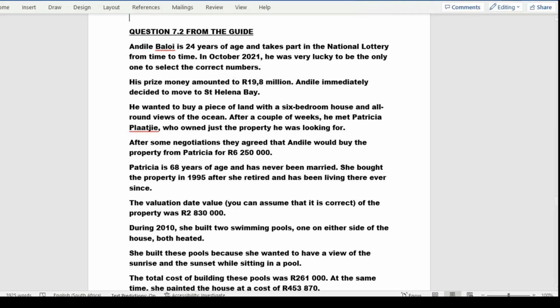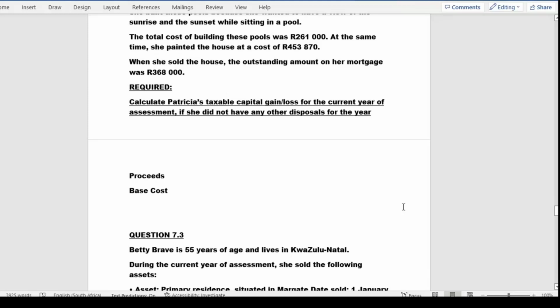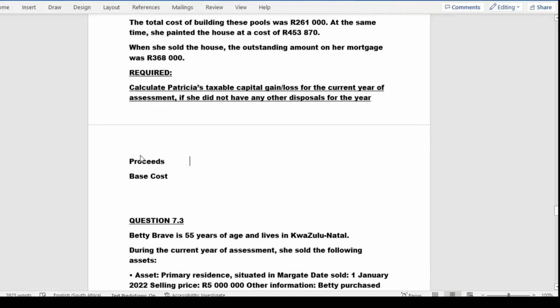I'm just going to check something quickly because I'm looking for the process. After some negotiations, they agreed that Andile would buy the property from Patricia for 6,250,000 rand. That's a disposal. So basically you're going to say 6,250,000 rand is your disposal, your proceeds.